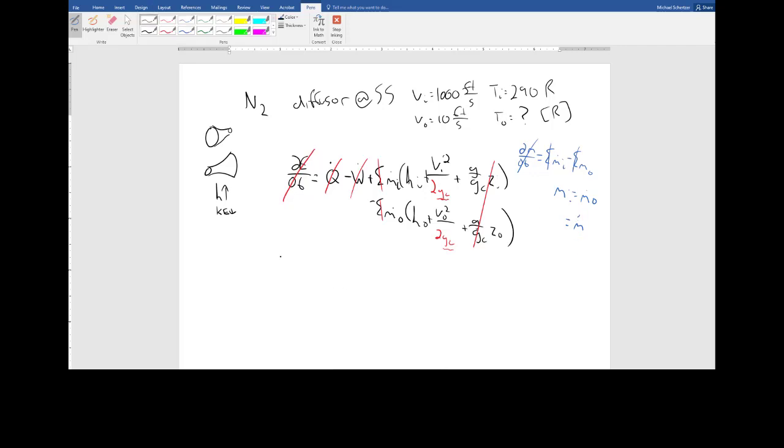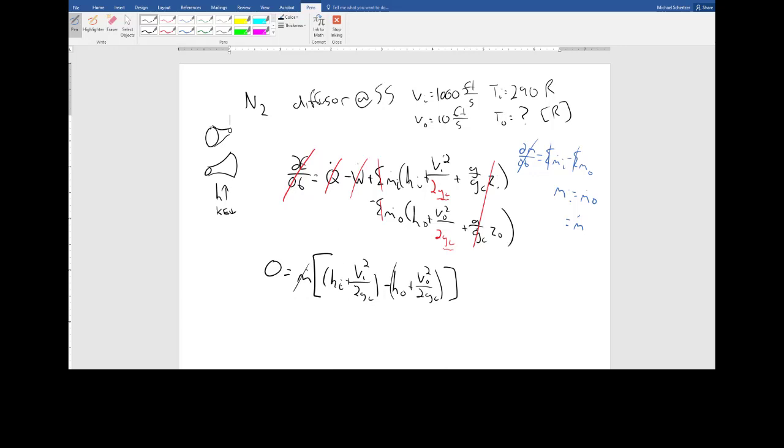Right, so this is going to be 0 is equal to the mass flow rate times (h_in + V_in squared over 2gc) minus (h_out + V_out squared over 2gc). And you can see the mass flow rate is going to cancel, and this is what we were talking about here.